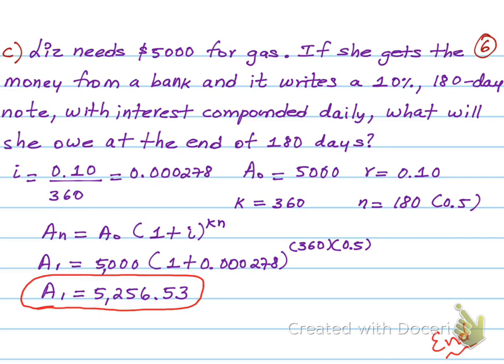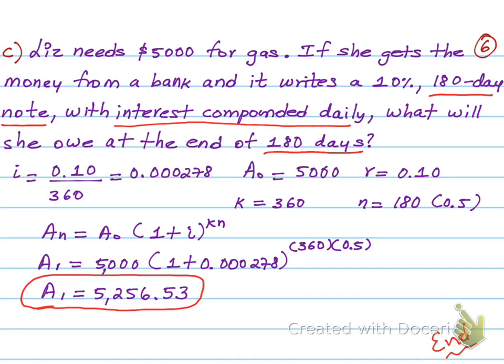So here you have to pay attention to these details. 180-day note, interest compounded daily. And she's gonna pay in like 6 months. So that's 180 days, that's half a year, because for financial purposes, the year has 360 days instead of 364 or 365.